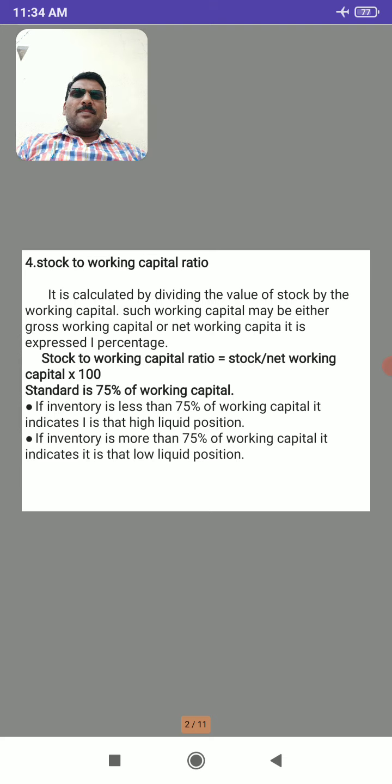If the company's liquidity position is high, automatically its financial position will be sound. If the ratio is less than 75%, it indicates a high liquid position, meaning the stock is less. If the stock is more, it shows the liquid position of the company is very low, so the company does not have a sound financial position.